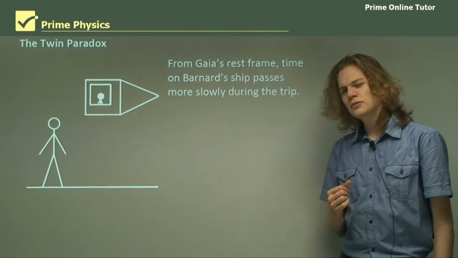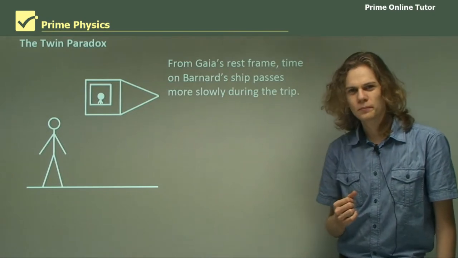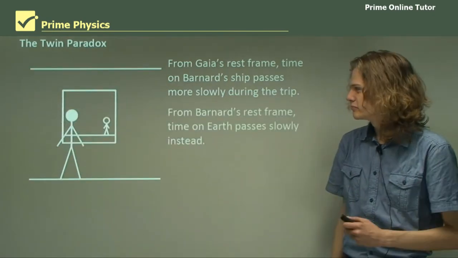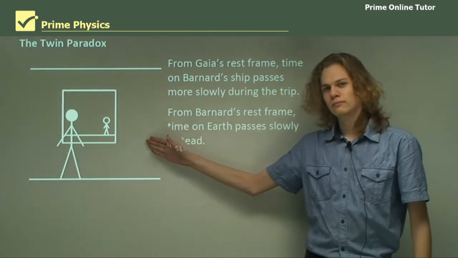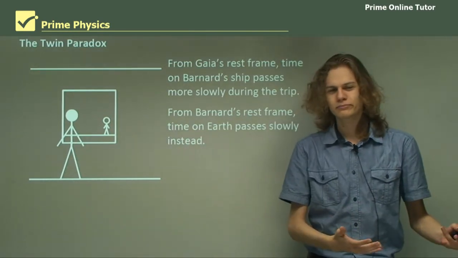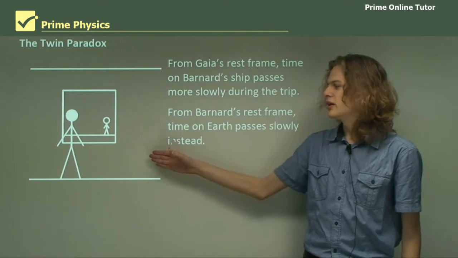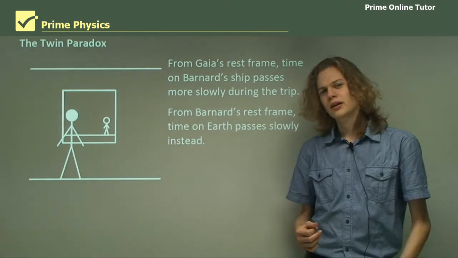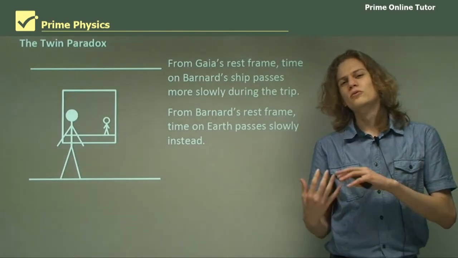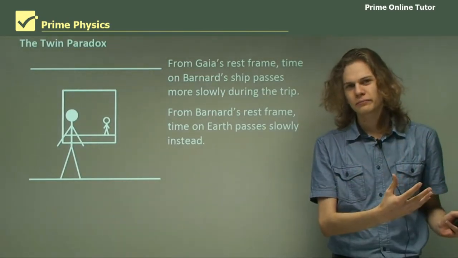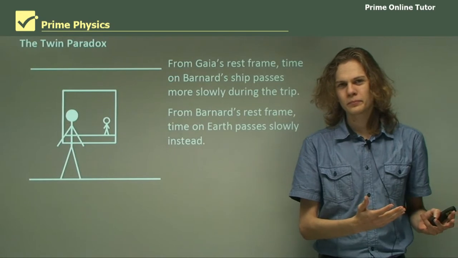But what happens if we look at this from Barnard's point of view? In Barnard's frame of reference, Gaia is the one who's moving on the Earth outside, right? This means that Barnard ages as normal, but being time dilated, Gaia is moving more slowly, and she ages more slowly.